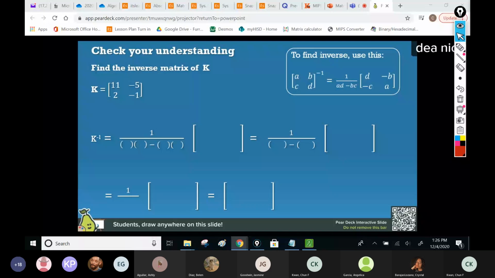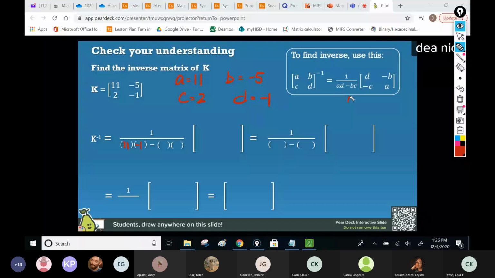All right, I see a couple of you are stuck, so if you're stuck, look at my screen. A is 11, B is -5, C is 2, E is -1. I need to do A times E, so that means I need 11 times -1 down here.